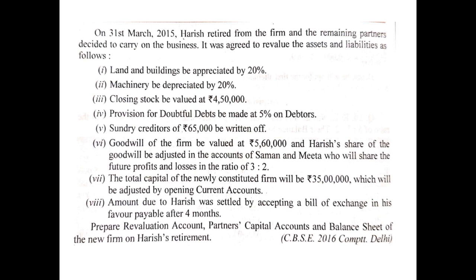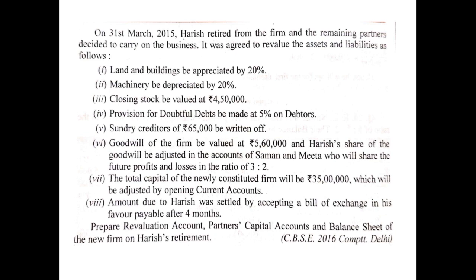So that means 35 lakh will be the total capital of the remaining partners Saman and Meeta. This will be divided in the new PSR, that is 3:2, which will give you the required capital of both, and then you will compare it with the adjusted capital, the existing capital as per their capital accounts, and if there is any surplus or deficit, that has to be adjusted through the current account.